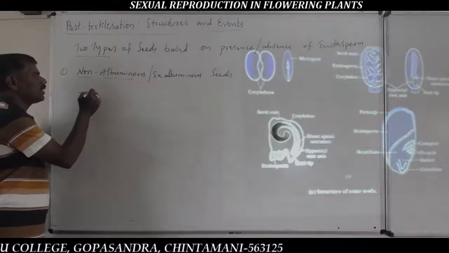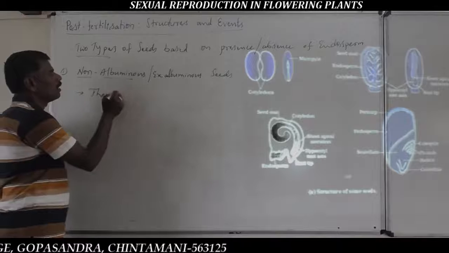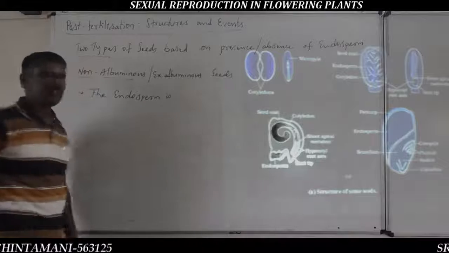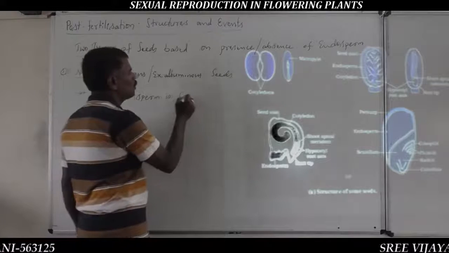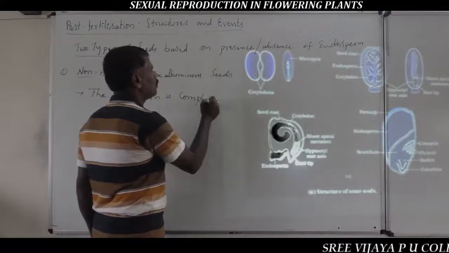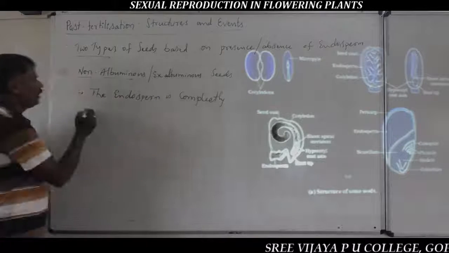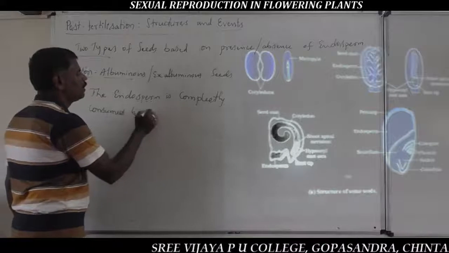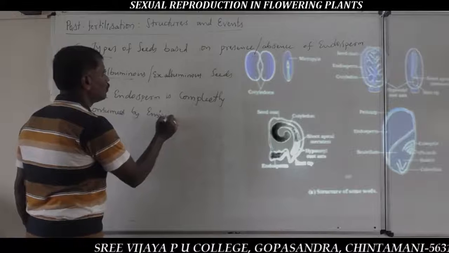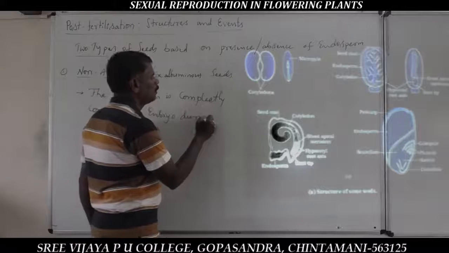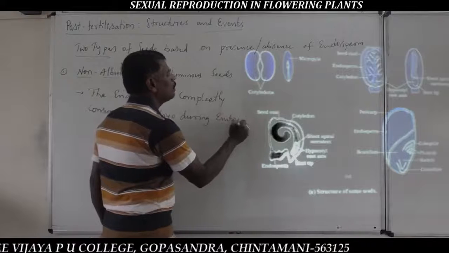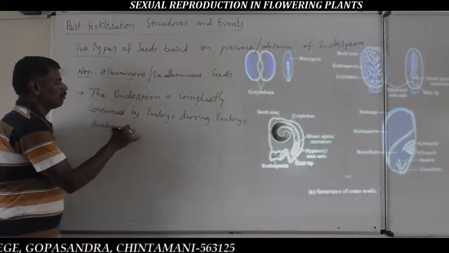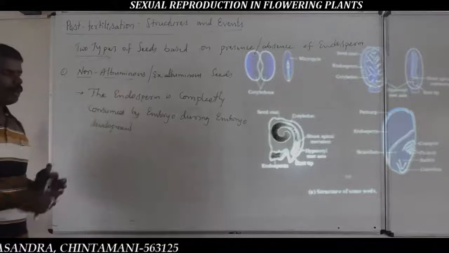The name also indicates it. Non-albuminous seeds are those in which the endosperm is completely consumed by the embryo during embryo development.